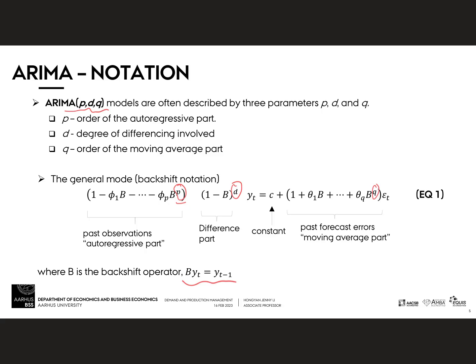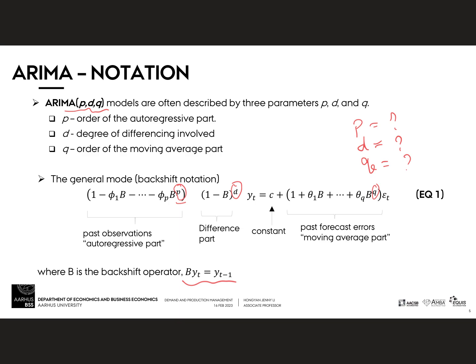Later on, I use an example to show you how this is realized. But so far, just remember that if you want to fit an ARIMA model, you need to make decisions about the order. So we need to decide the P, D, and Q values.